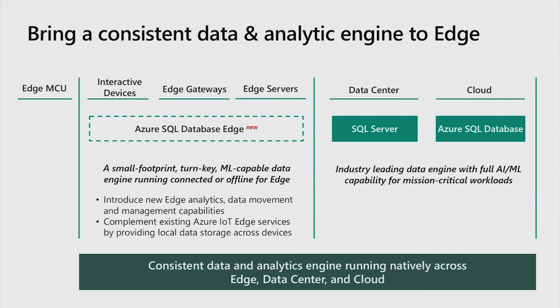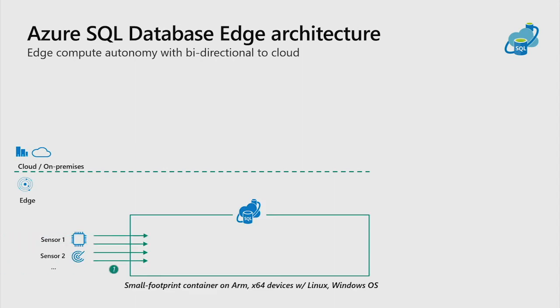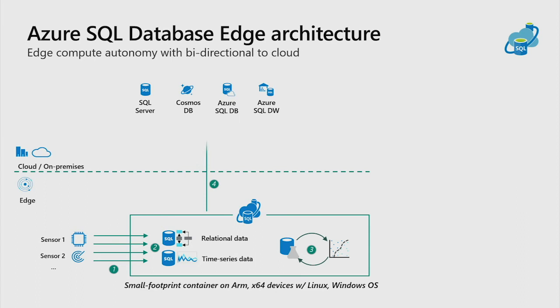So what we have actually done is we have taken the same engine and created a container. And what the container can do today, it can talk to the cloud and it can talk to your data center, but it maintains the same programming surface area, has the same features that your SQL Server has today.